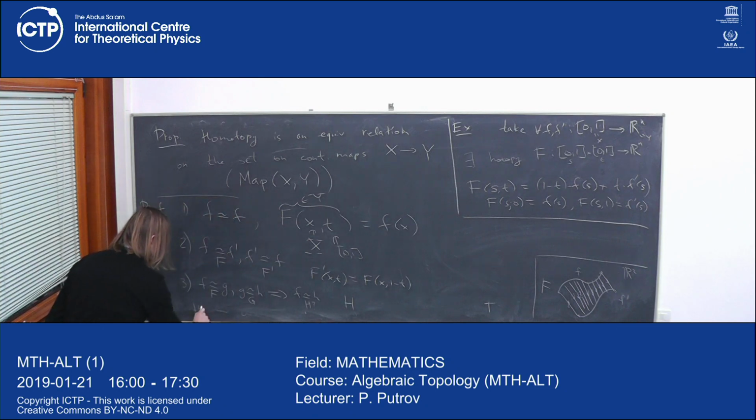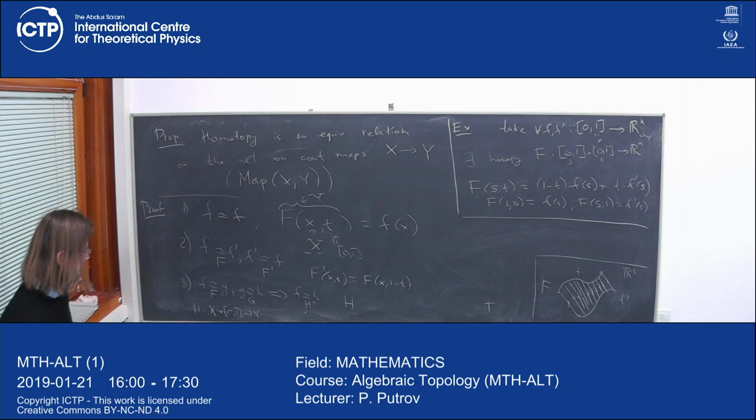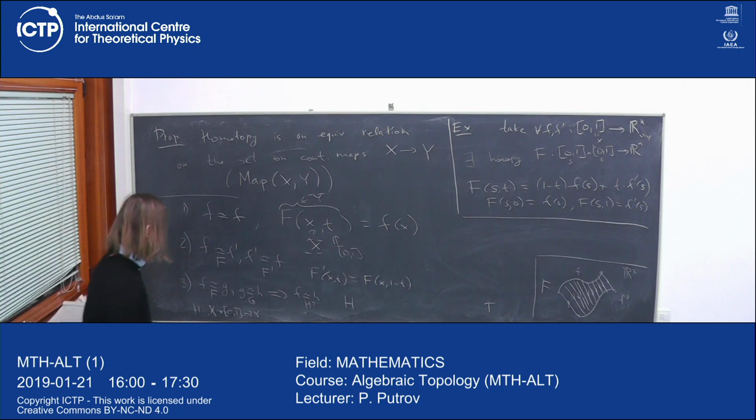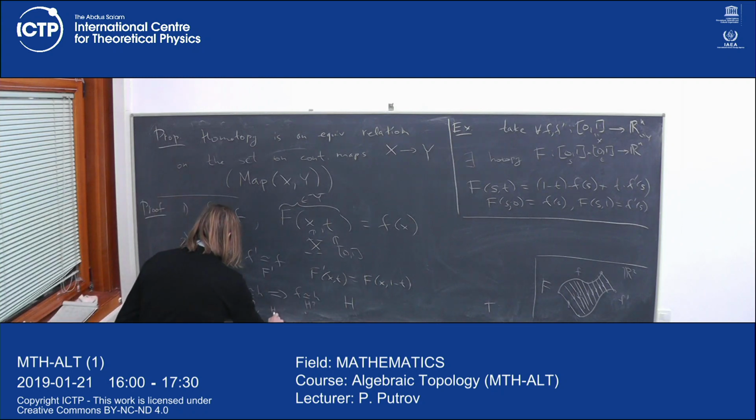We need to construct the function H from X times [0, 1] to Y, such that H at (x, 0) is f, and H at (x, 1) is h.